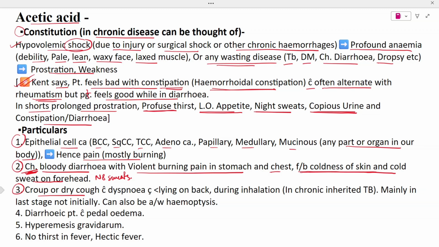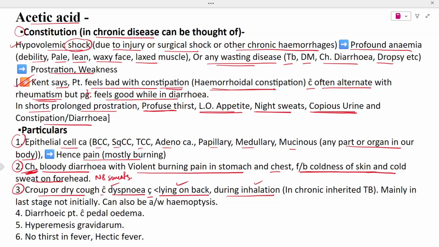Now, the croup or dry cough with dyspnea, which aggravates lying on the back during inhalation. So these are the features of a complete symptom. There are modalities, causations, I would rather say type of onset, and associated symptoms. It is not a concomitant, it is a normal symptom, dyspnea.